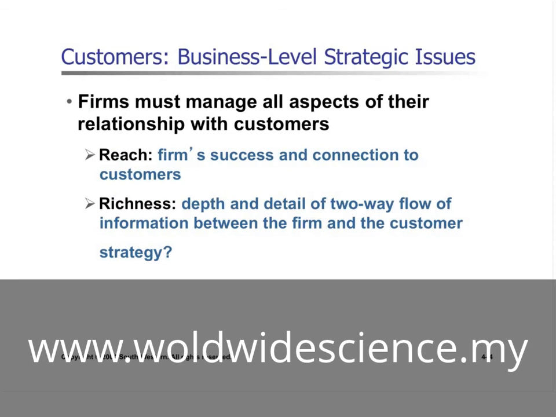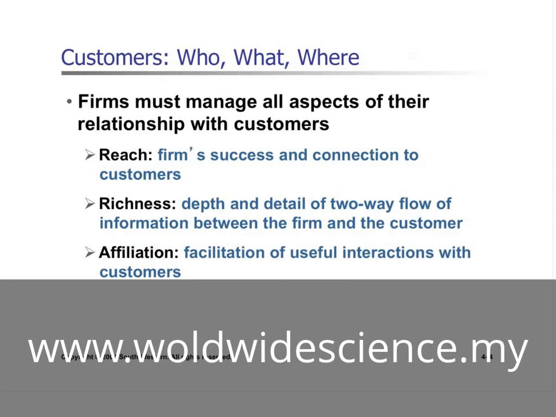Then we start the 3 W's, which is who, what, and where. So firms must manage all aspects of their relationship with customers. First is the reach, which is firm success and connection to customers. When you are trying to connect to your customers, you have to reach them. So reach of your products and services to customers is absolutely important.